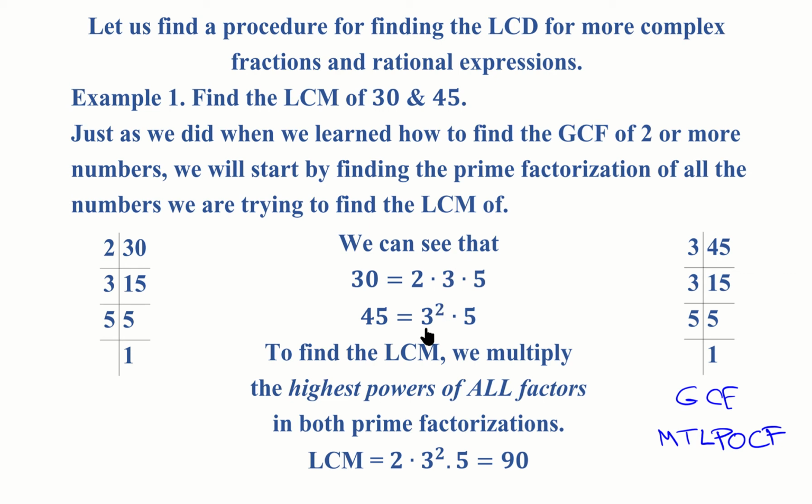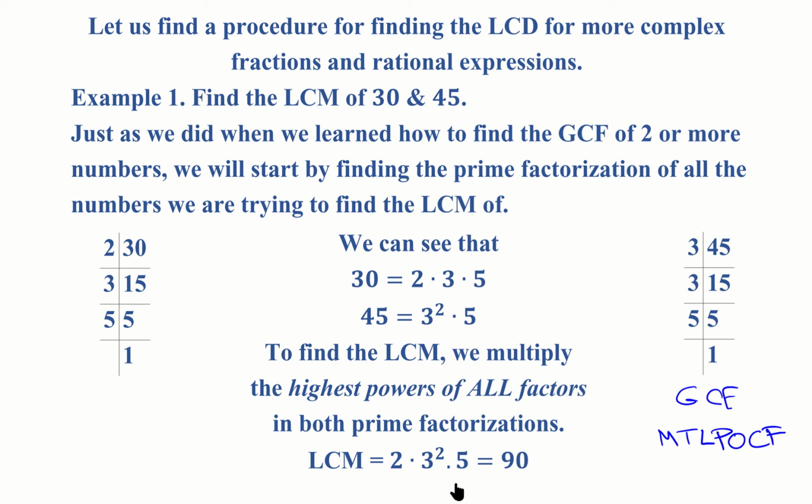For 3, notice the highest power of 3 is 3 squared. For 5, notice they're the same, so we just take one of them. We don't need to take both. You remember, just locate the highest power of every factor that you see, bring it here, and multiply it out. And then you will get your LCM.